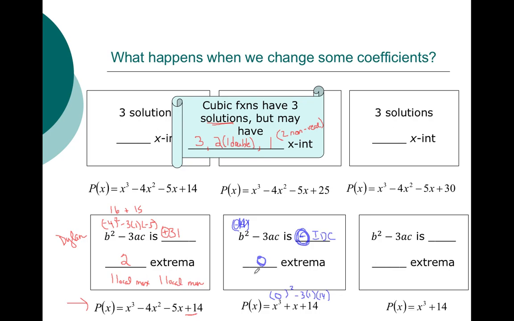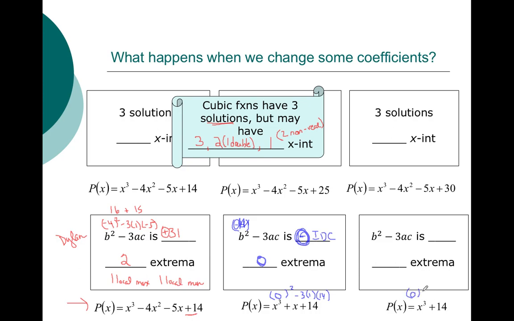Now I want you to look at x cubed plus 14. So eliminate everything but the cube. B squared, oh, what's b squared again? Oh, 0, right?